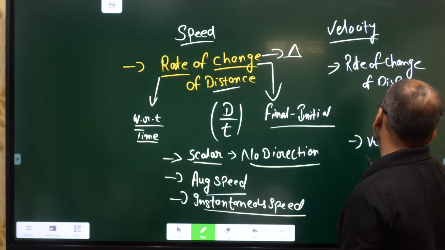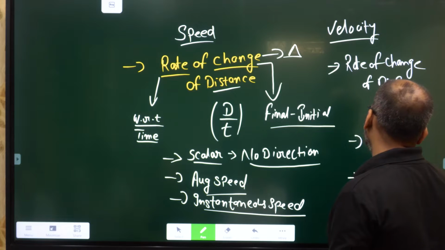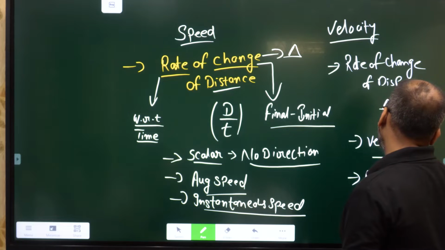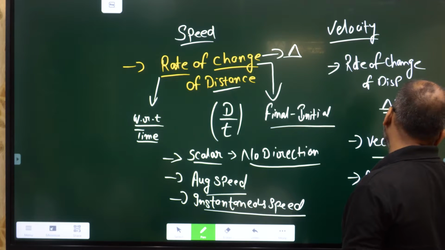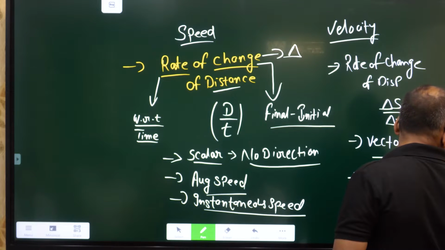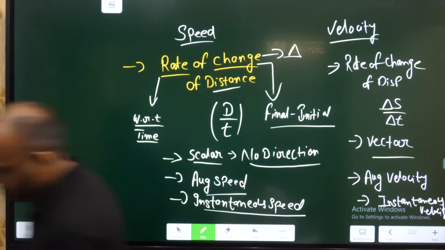That means in velocity, sense of direction is there. Here also two things that we have to consider: average velocity and instantaneous velocity. Understood? Please note it down so that we can move ahead.